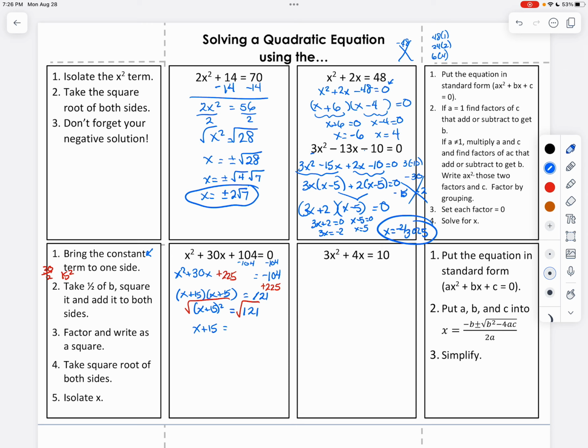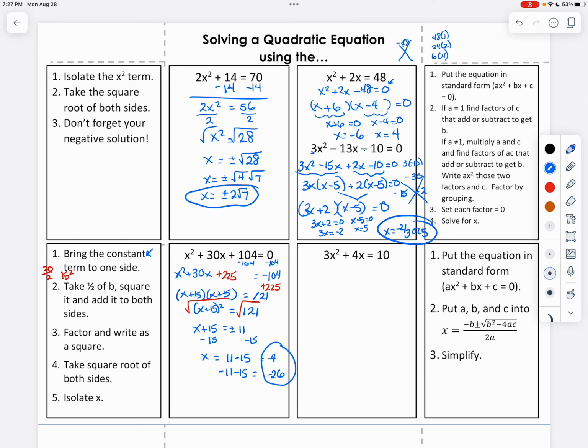And when we introduce the square root, we introduce a plus or minus, so plus or minus 11. Now we subtract 15 from both sides. So if x is equal to a positive 11 minus 15, we get an answer. And if x is equal to a negative 11 minus 15, we get our second answer. 11 minus 15 is negative 4. A negative 11 minus 15, they're both negative. We add them up and give them a negative sign, so negative 26. Those are our two values for x.